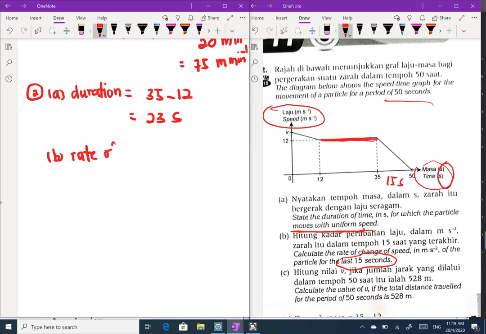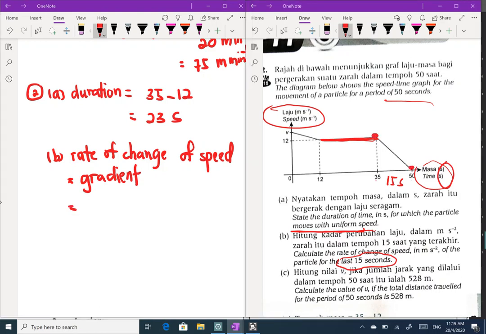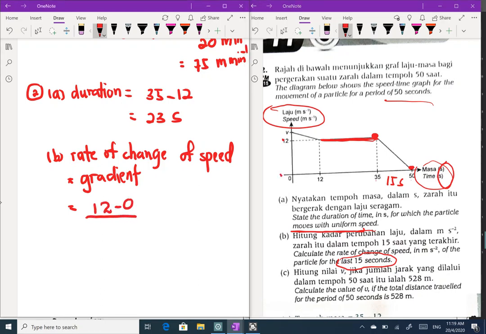Rate of change of speed is area or gradient? So it is gradient. So for gradient, I want to know the point for this one and the point for this one. So this one is 12, so this is 0. So 12 minus 0 over 35 minus 50. So at the end you will get negative 0.8.